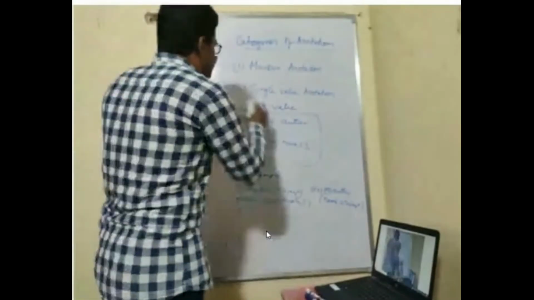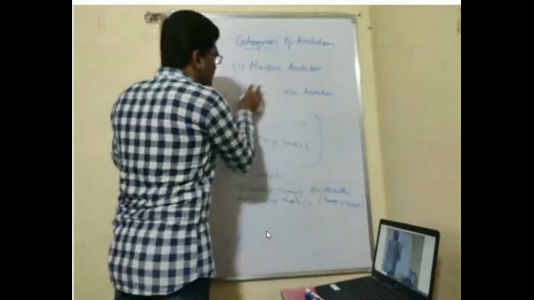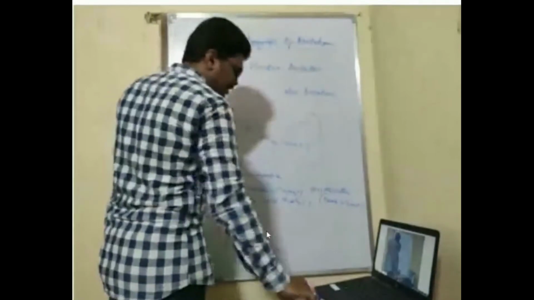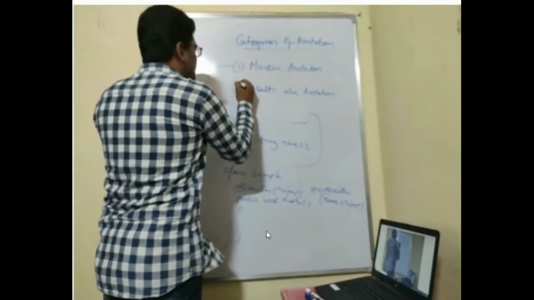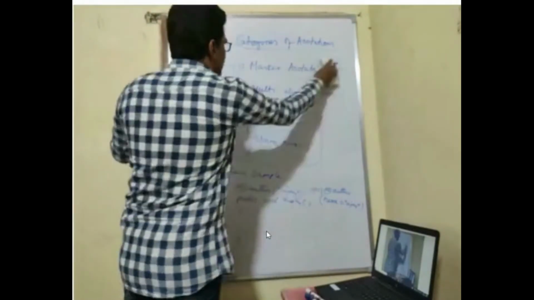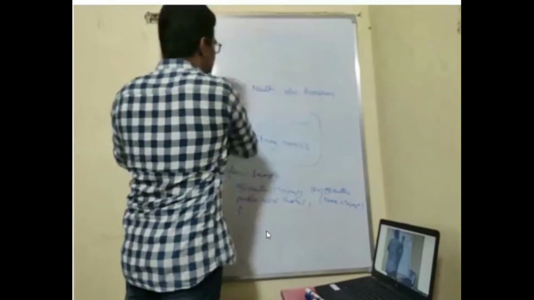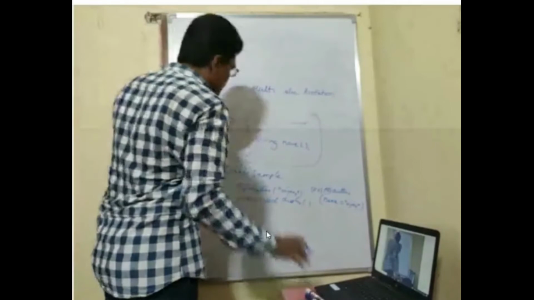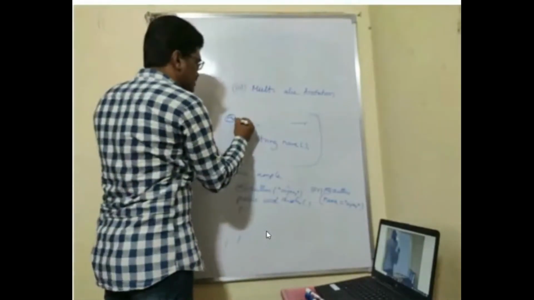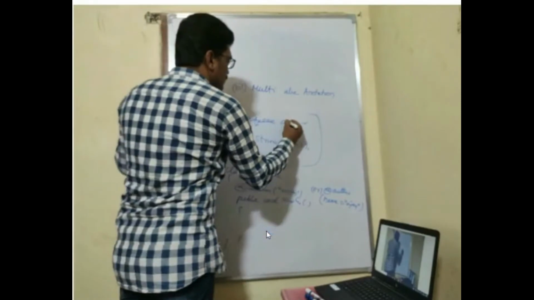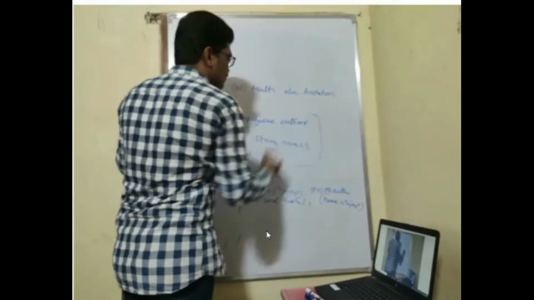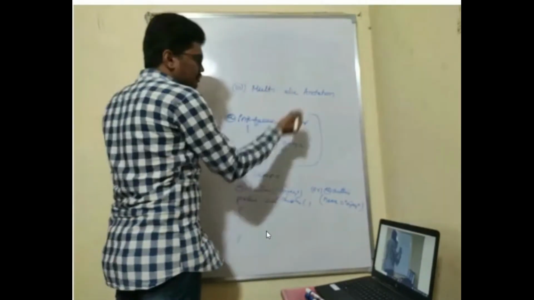So the next one is multi-valued annotation, or we'll call it full value annotation. As the name states, it is going to take multiple values, multiple parameters.